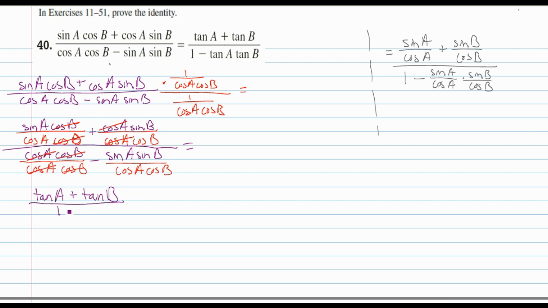All this cancels, we have 1 minus sine A over cosine A is tangent A, sine B over cosine B is tangent B, which is exactly what I need. So it started out really complicated, but if I just picked apart the end result a little bit, I could see what to do in my first step.